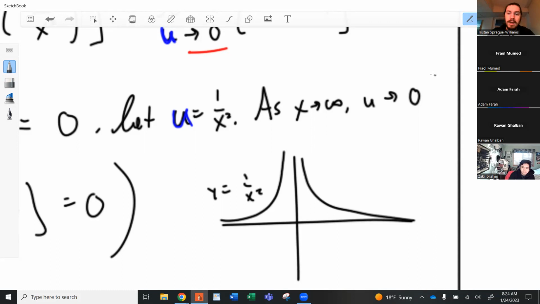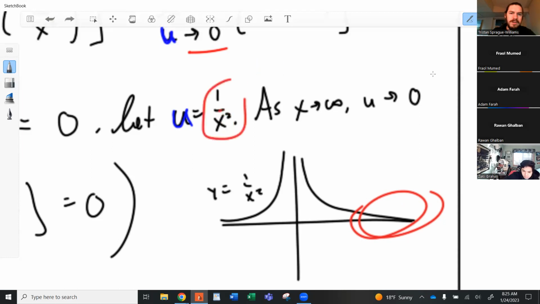But the point I wanted to make here is that while this graph is approaching 0, it is doing so only from the positive side. Because when you put large positive numbers, getting close to infinity, into this x here, the whole result, 1 over this large positive number, is going to be positive. So this is really only approaching from the right-hand side.